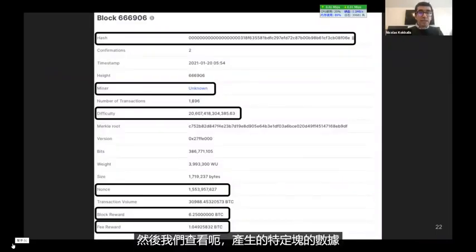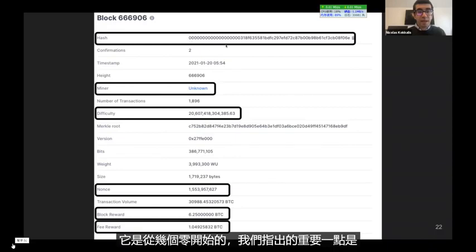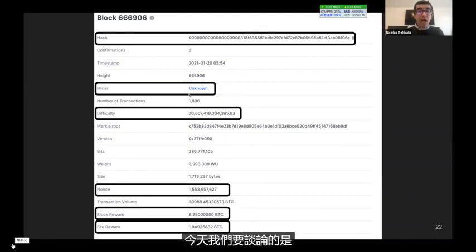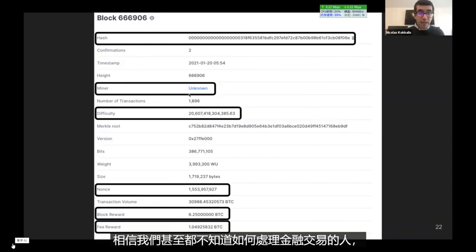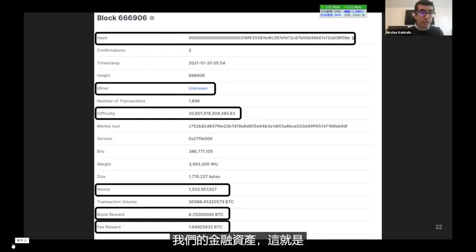Then we looked at the data of a specific block that was produced last week. As you can see, this has a number that starts with several zeros. An important thing we pointed out is that we don't even know who the miner was. And today we're going to talk about how come we can trust people we don't even know to handle our financial transactions and our financial assets. This is the difficulty of that block. This is the nonce that this block had.